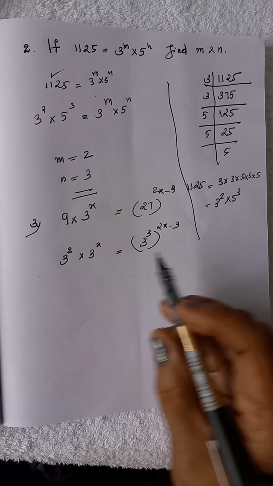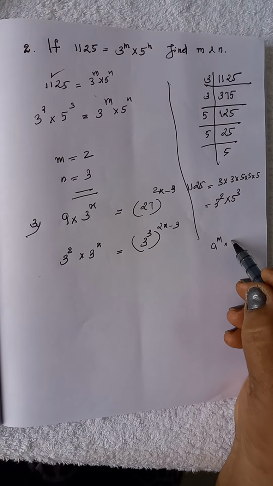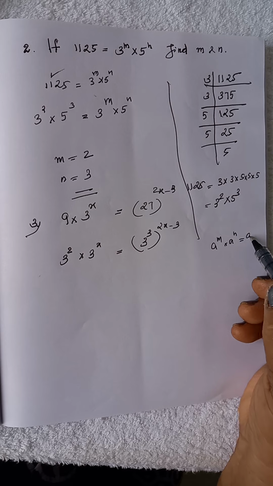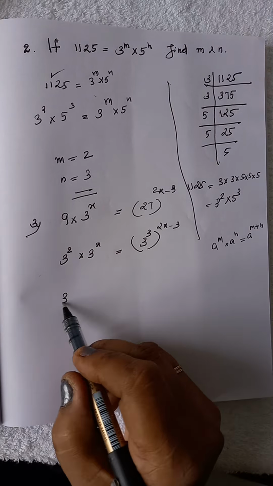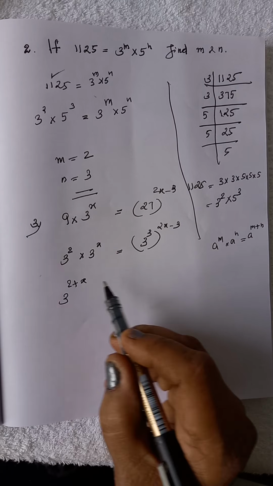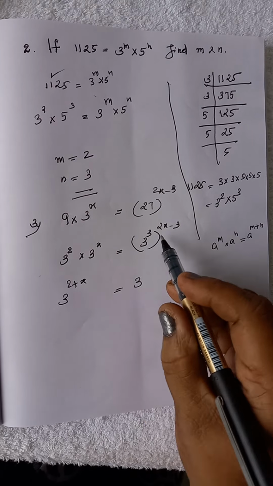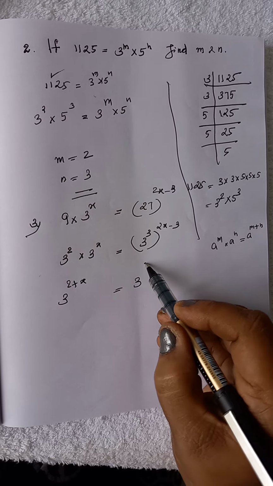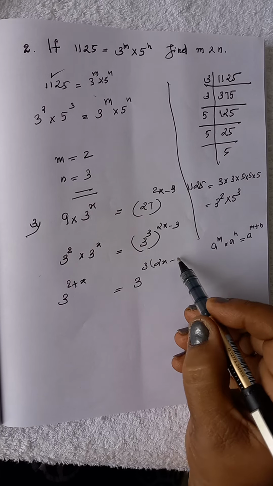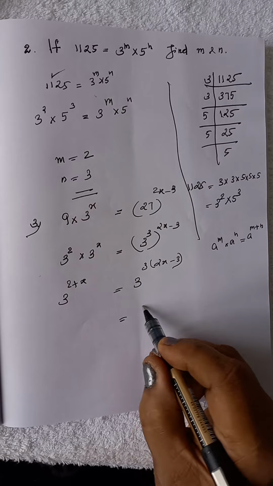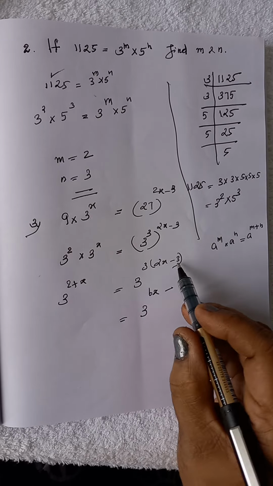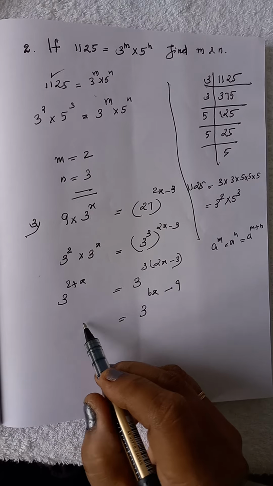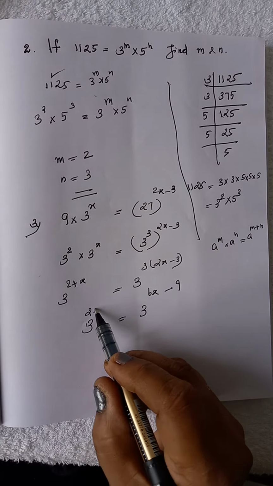Now this can be written as a raised to m into a raised to n, that is a raised to m plus n. So that is 3 raised to 2 plus x, that is equal to 3 raised to, product law, 3 into 2x minus 3, that is equal to 3 raised to 3 into 2 is 6x, minus 3 into 3 is 9, that is, this is the same as 3 raised to 2 plus x.